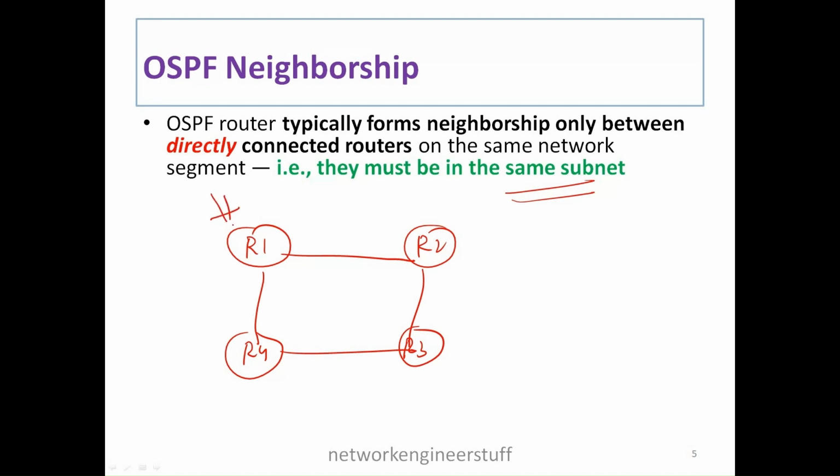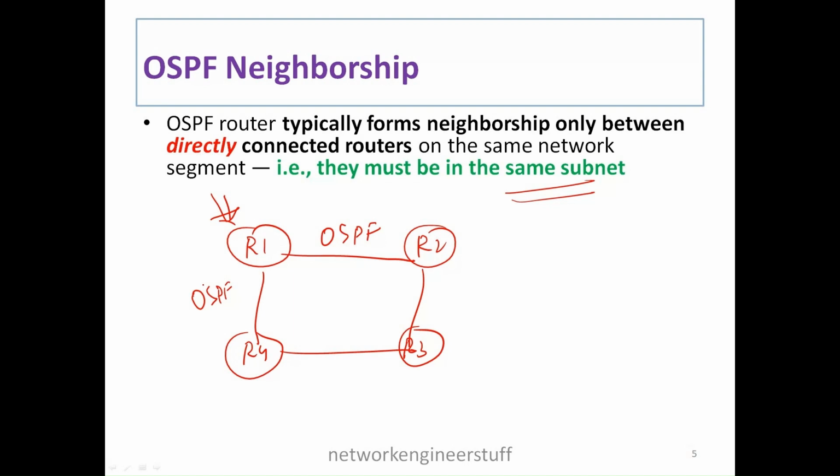Now this particular router R1 can form OSPF neighborship with R2 and R4 because they are directly connected to R1. Both these routers are directly connected routers.